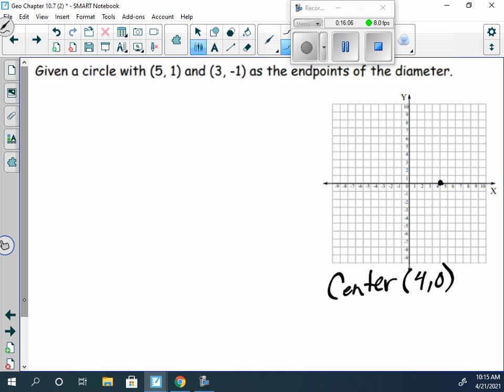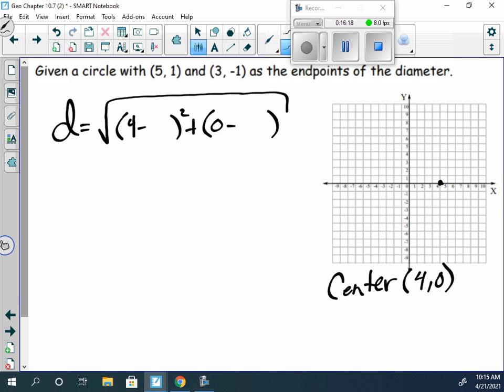Well, yes. So for our distance formula, the two x values that I can use are the center value of 4 minus, and 0 minus for this here as well. Because if I use the center to one of the 2 points, Eric, which one do we want to use? (5, 1) or (3, -1)?